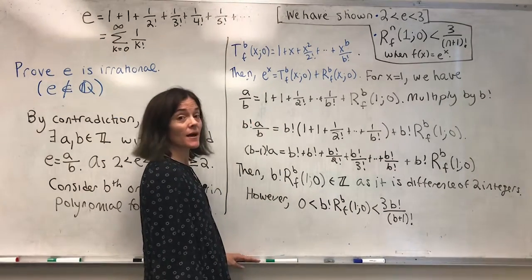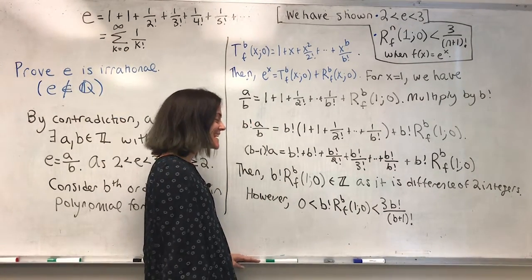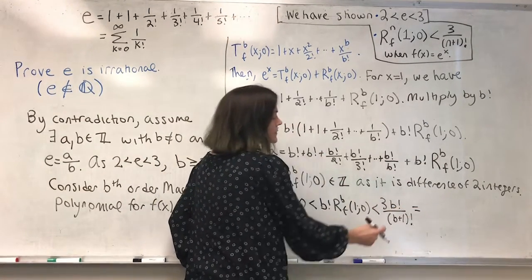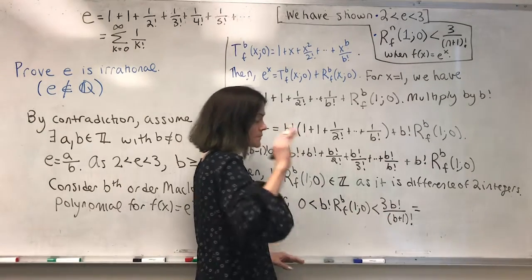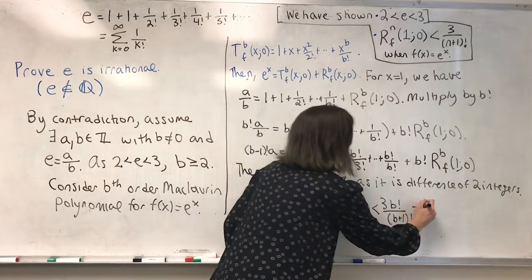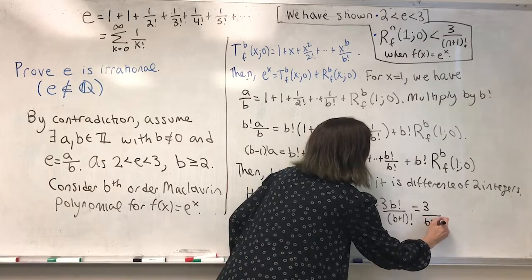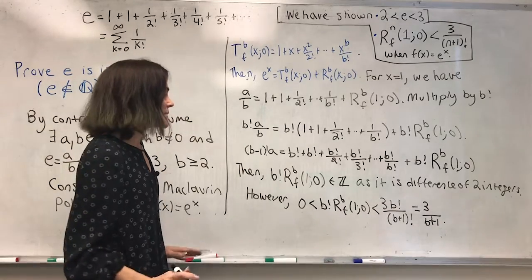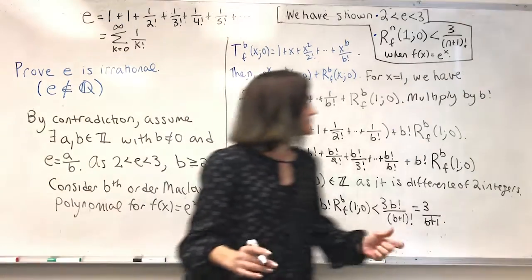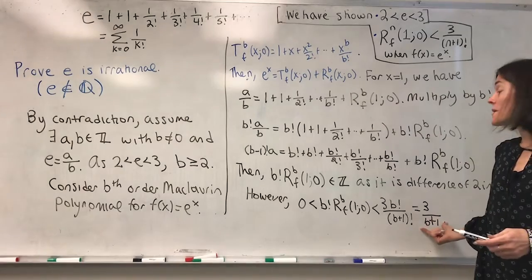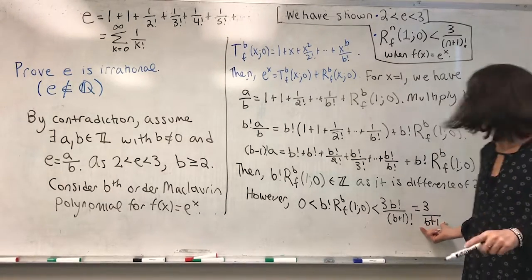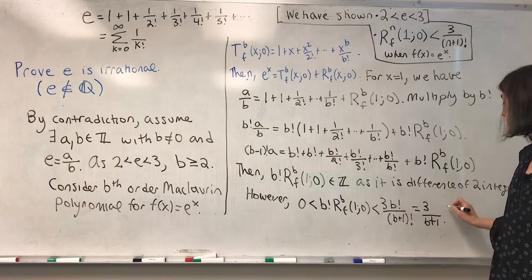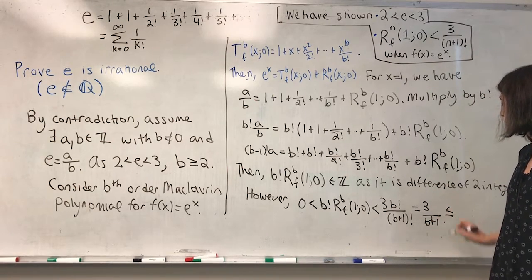Now you have to think about this, right? Because we can cancel some things here. This is equal to, b plus 1 factorial is b plus 1 times b factorial. So this is 3 over b plus 1. This is where wonderful things happen because remember, b is at least 2. So b plus 1 is at least 3. So this is, I'll do one more, less than or equal to 1.